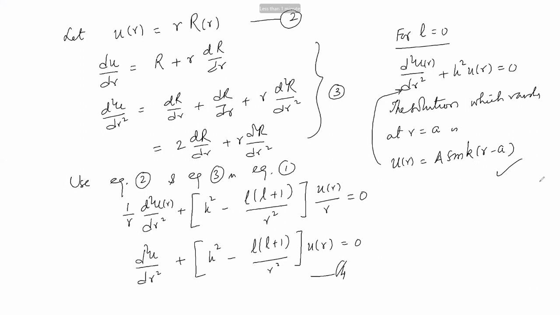And the important point was that my solution had to vanish at r equal to a, and this will ensure that my solution would vanish at r equal to a. But this is a solution only at l equal to 0.